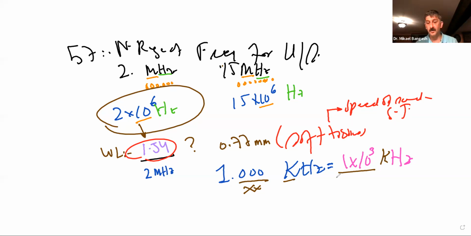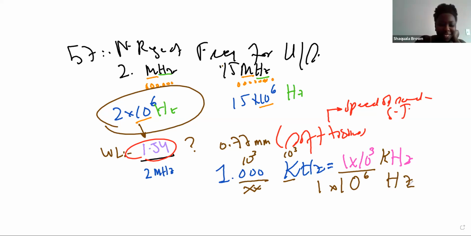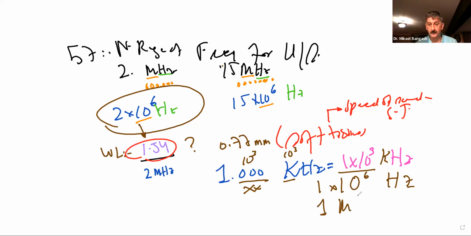So 1,000 kilohertz, girls, we can say, because this here becomes 10 raised to the power 3 and this is another 10 raised to the power 3, it actually becomes 1 megahertz.